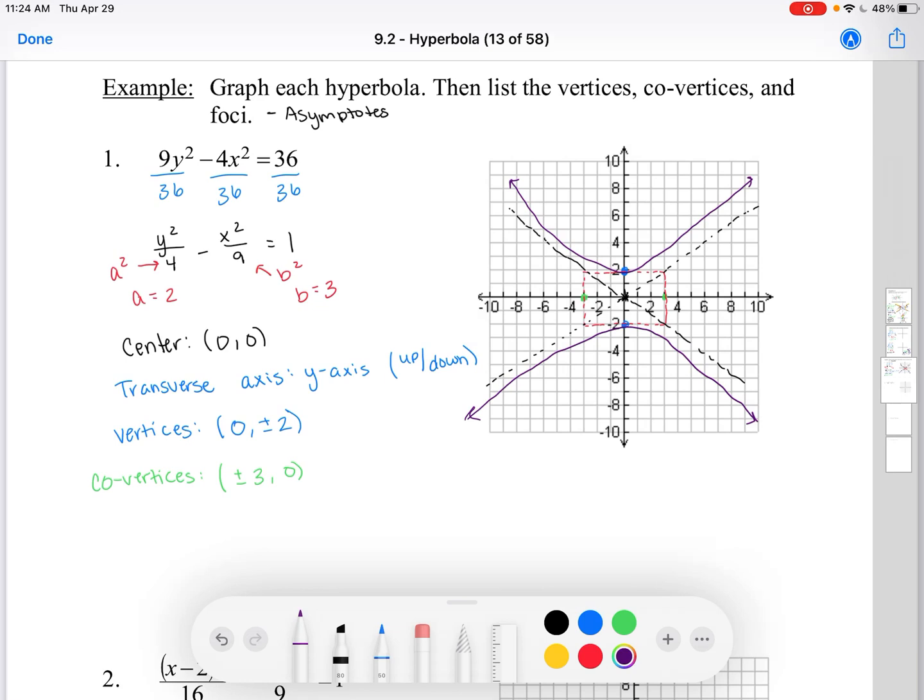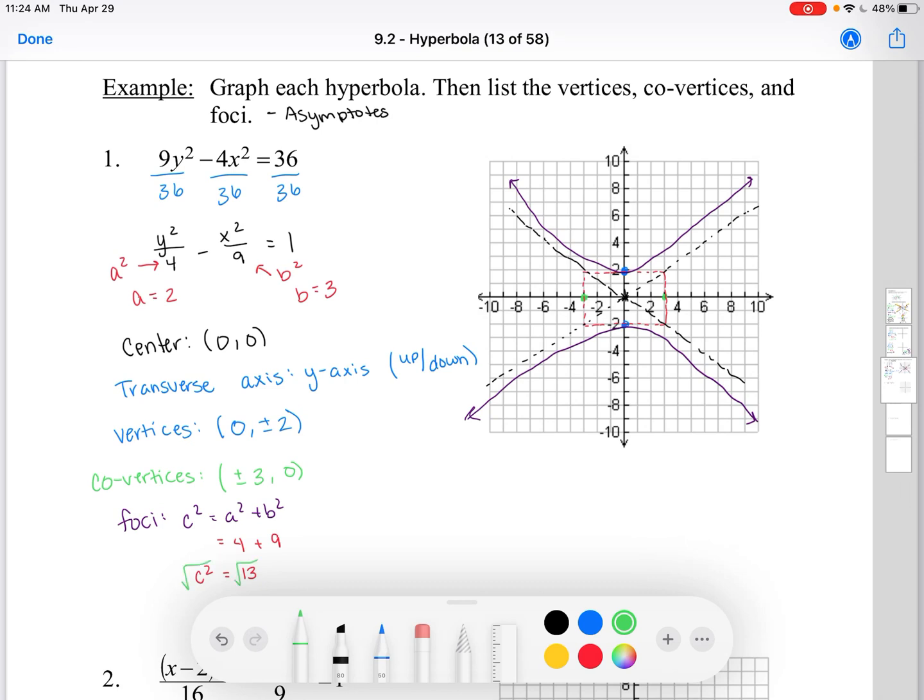All right. So the last thing I have for my graph that I haven't labeled yet is my foci. So using my formula, c squared equals a squared plus b squared. Plugging in the values that I've labeled, my a squared was 4, my b squared was 9. I know that my c squared is going to be 13.